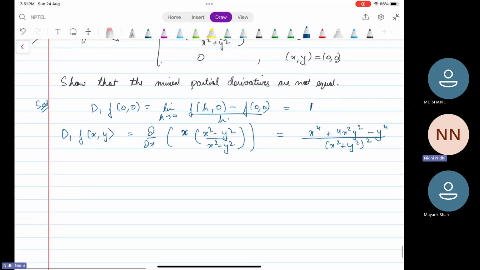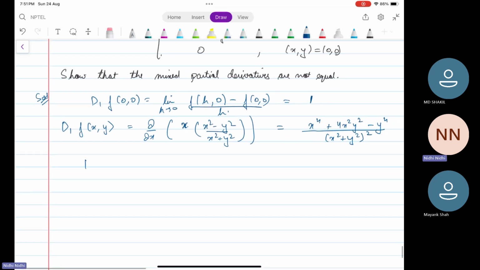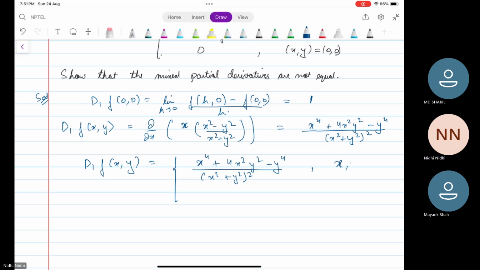And similarly, D1 f(x,y) is a function of this form. You can check that its limit, so it won't be continuous at (0,0).